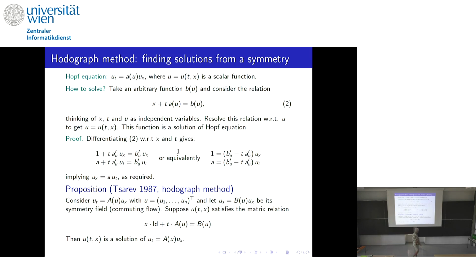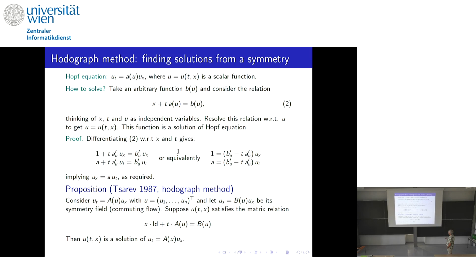But now the statement, the observation, I mean, it's a great observation indeed. It really changed the field, but I do it trivially. So consider the system of hydrodynamic type, and let B be its symmetry. Now suppose u of t and x satisfies the matrix relation.